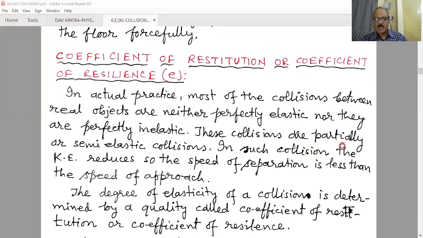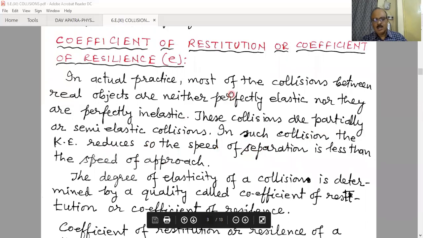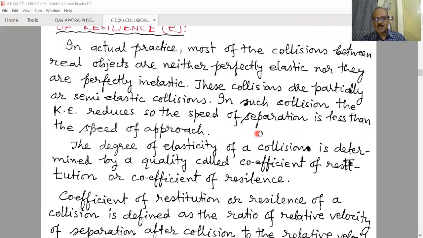These collisions are practically partially or semi-elastic collisions. In such collisions, the kinetic energy reduces, so the speed of separation is less than the speed of approach. The degree of elasticity of a collision is determined by a quantity known as the coefficient of restitution or coefficient of resilience.